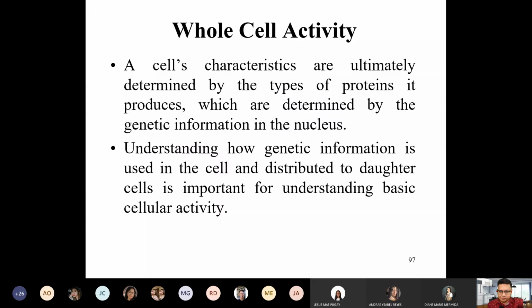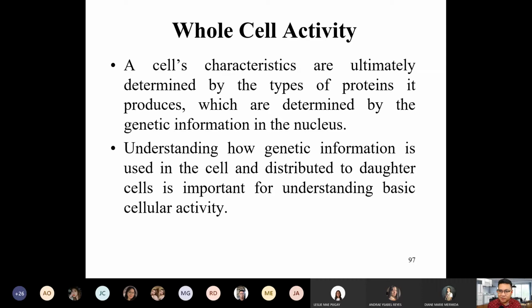Okay. So, ano bang role ng isang cell? Generally, ang trabaho ng isang cell, it depends on what type of protein it produces. Okay? So, if your cell is in your GI tract, the proteins it releases primarily involve proteins or enzymes related to digestion.